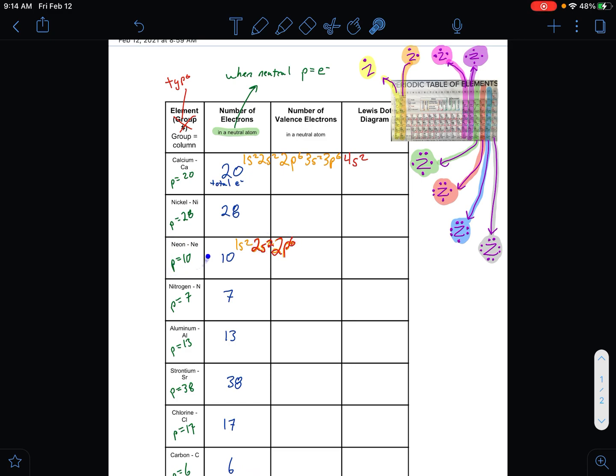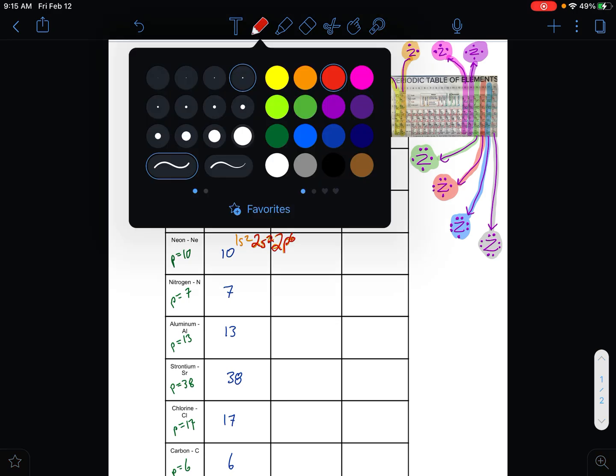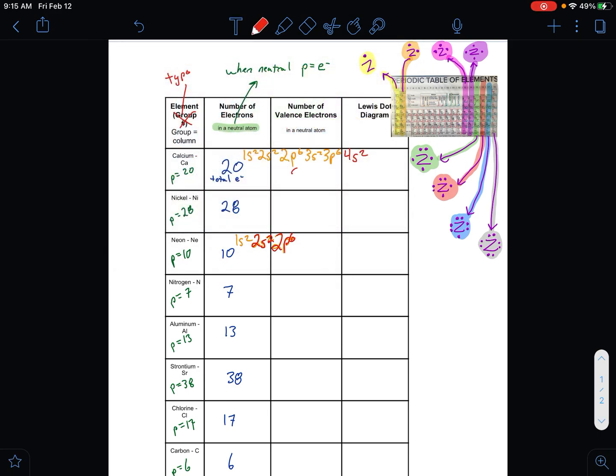Neon you can find on the periodic table right here, which the shortcut said was 8, and you can confirm in electron configuration that it's 8. Just as calcium being located right here, the shortcut says 2 valence electrons, and you can confirm the electron configuration here. So your answers really are 2. And the answer here is 8.